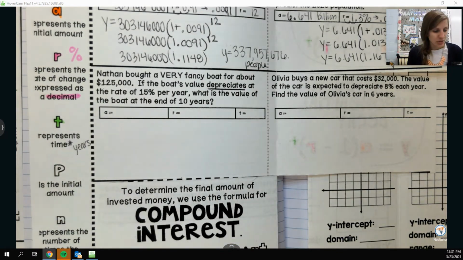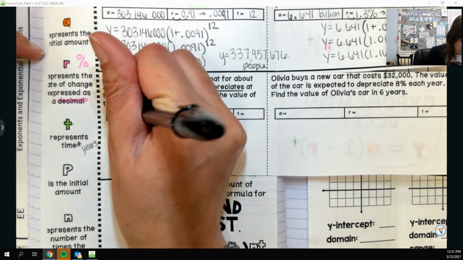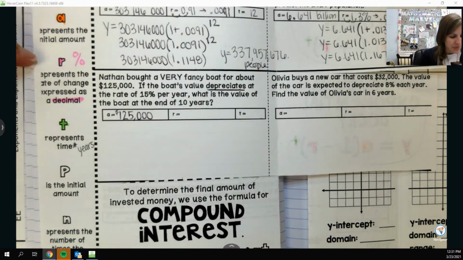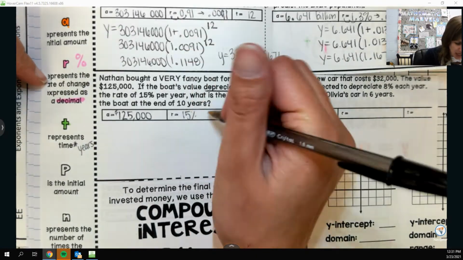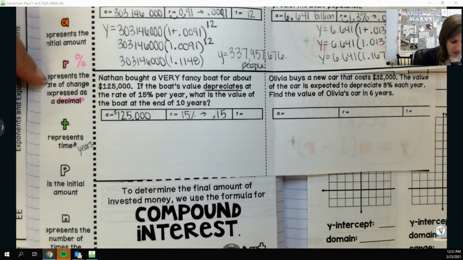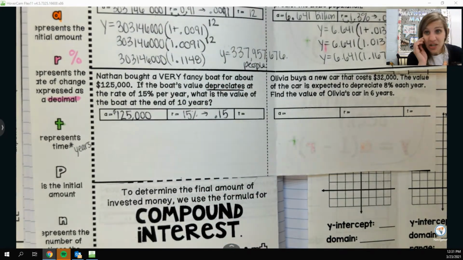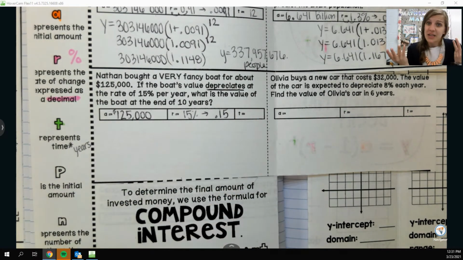Let's find our numbers. The initial amount of the boat was 125. The rate, that percent number, is 15%. I've got to change it to a decimal, so 0.15. And this time they're actually really nice to you. They straight up tell you what is the value at the end of 10 years.